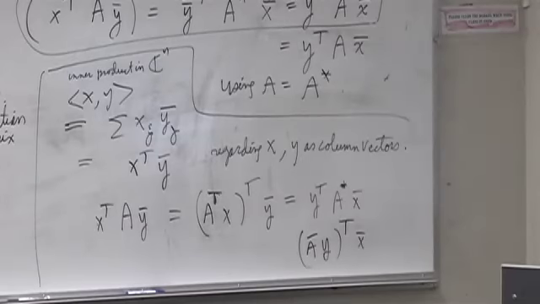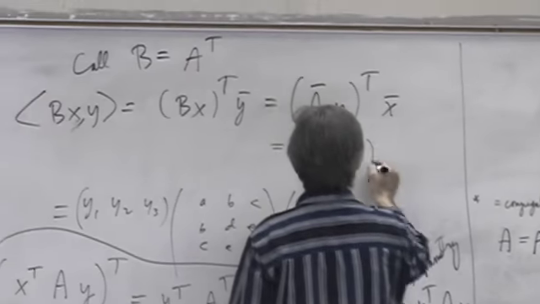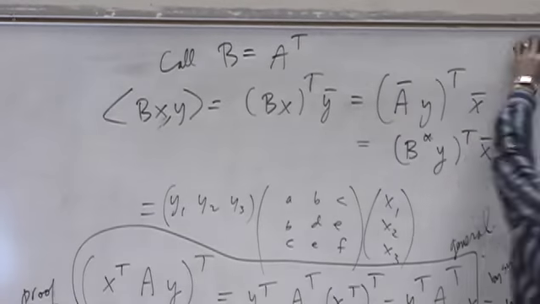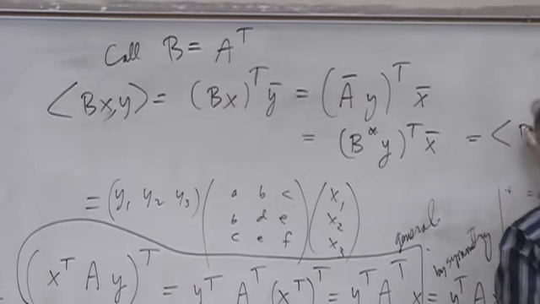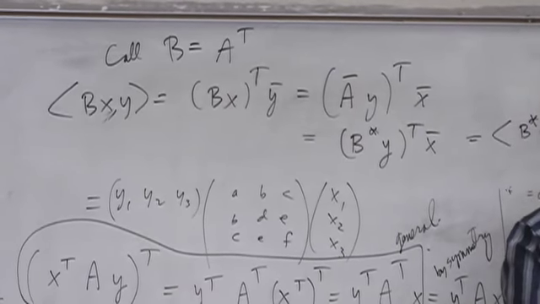I have that Bx transpose y bar, which is the inner product of Bx and y, is equal to what I said down here, the A bar y transpose x bar, which is the same thing as B star y transpose x bar, which is the same thing as B star y inner product with x.